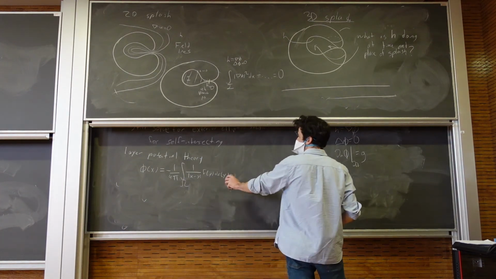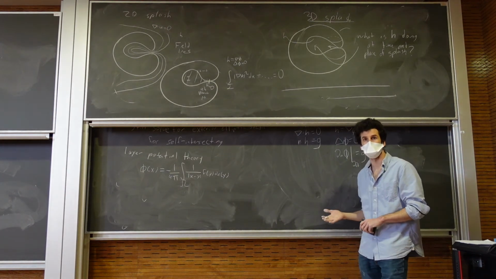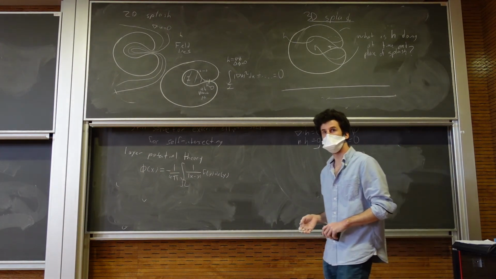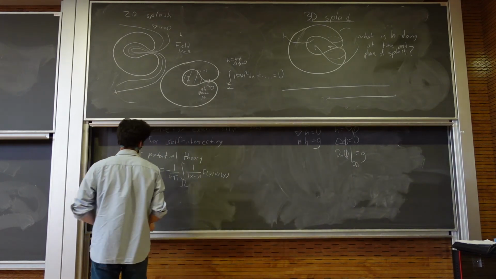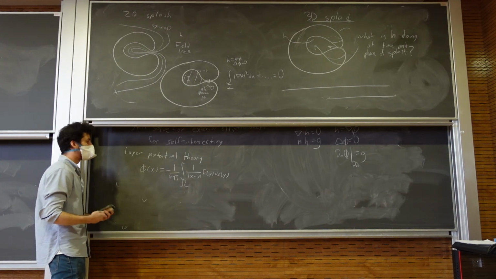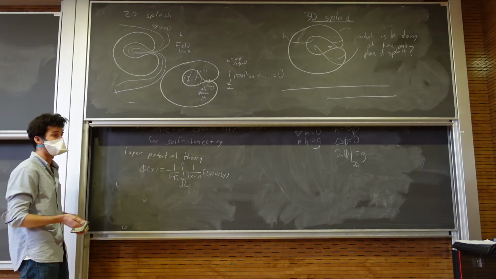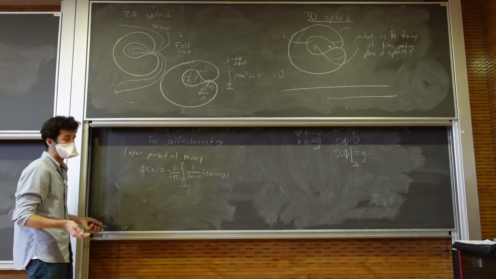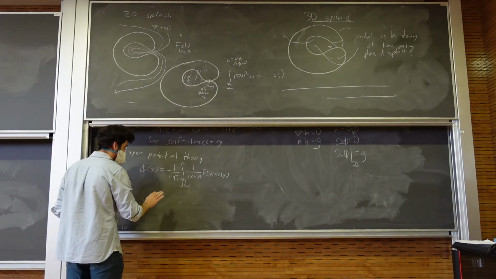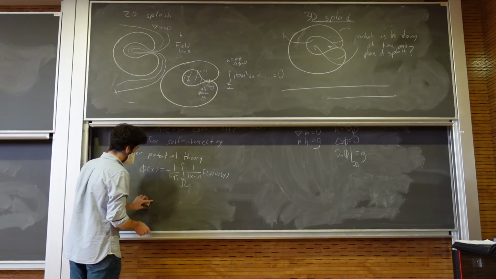So I've just stated that this works, but you actually have to check that for a self-intersecting surface, this works. Fortunately, it does. But again, you just have to calculate that some of these things work for self-intersecting surfaces, and some of them might not. But in this case, this formula still gives us a harmonic function in the exterior.